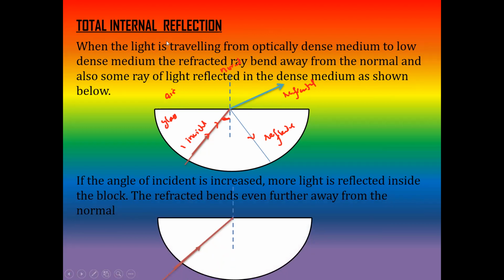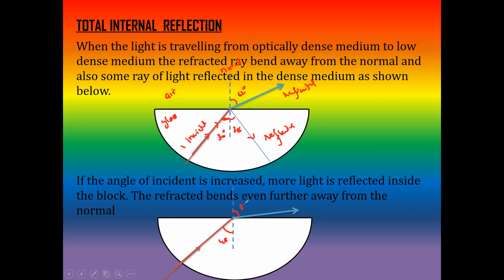As the angle of incidence is increased, the angle of refraction will also increase. Like if this was 30 degrees, the angle of refraction might be 62 degrees, and the angle of reflection was 30. But when we further increase the angle of incidence to 40 degrees, the angle of refraction, the angle between the normal and the refracted ray, will also increase.